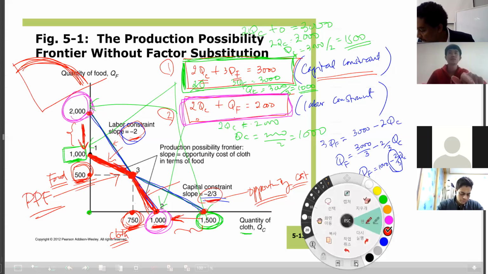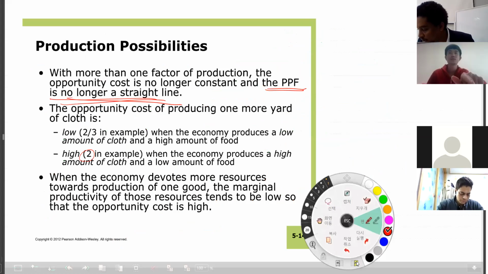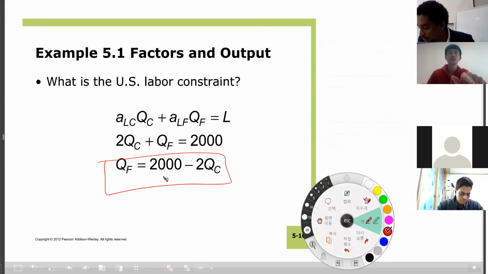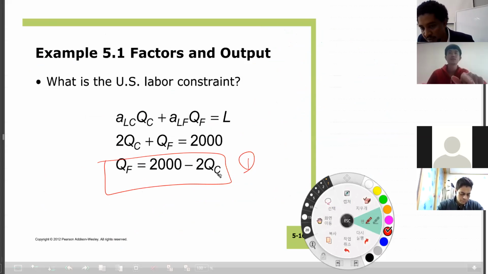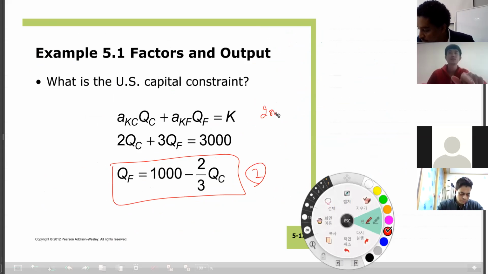So the simplest equation that you can use is, you have this one for the labor constraint, this one for the capital constraint. Just put these two: QF is equal to 2,000 minus 2 QC, and QF is equal to 1,000 minus 2/3 QC.